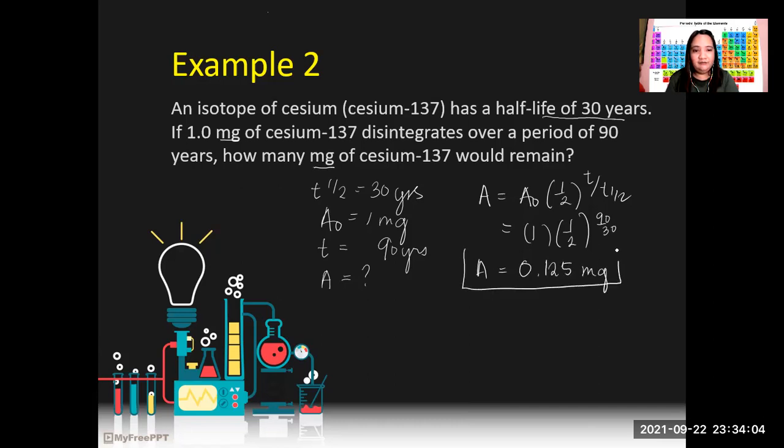Quite simple, right? That will be the amount remaining in a period of 90 years if the given half-life of cesium-137 is 30 years.